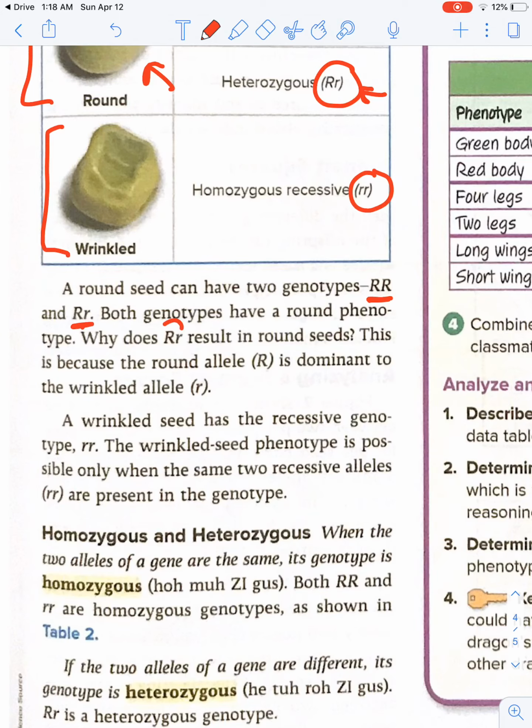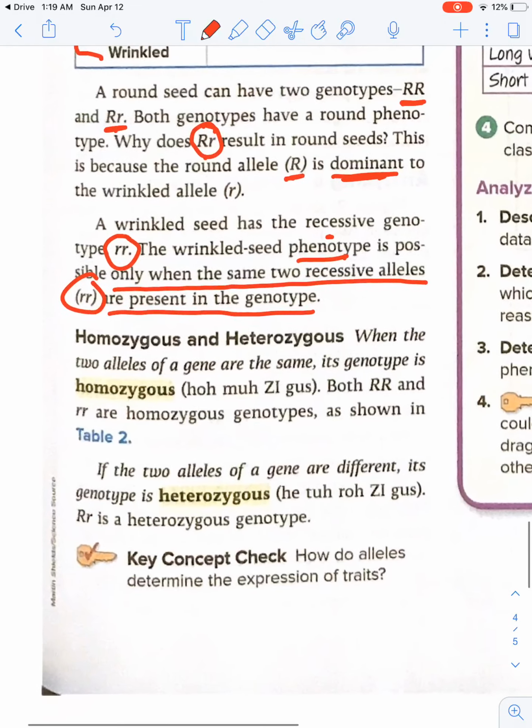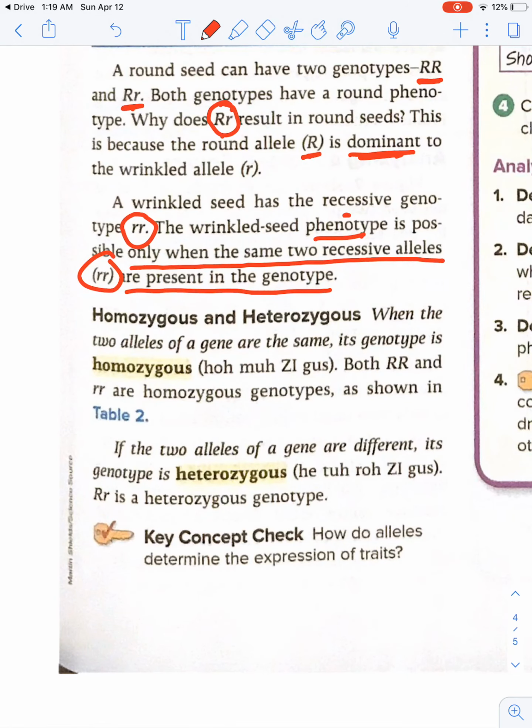Why does this heterozygous big R, little r result in round seeds? This is because the round allele is dominant to the wrinkled allele. But a wrinkled seed has the recessive genotype, little r. The wrinkled seed phenotype is possible only when the same two recessive alleles, little r, are present in the genotype. So in Mendelian genetics, you're only going to see the recessive trait when it has a homozygous recessive genotype.